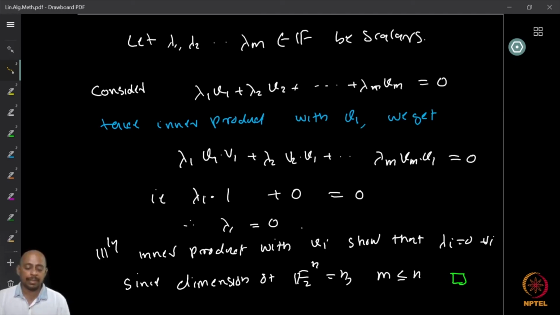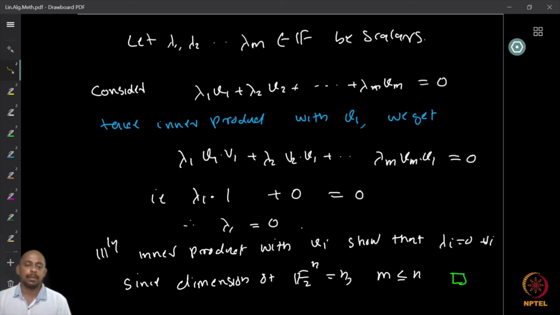We just did it for v1, but we could have taken the inner product with vi for any i. So if I take the inner product with vi for each i, the corresponding lambda i must be 0. Therefore all the lambda i's must be 0.